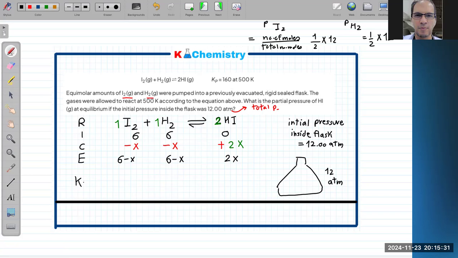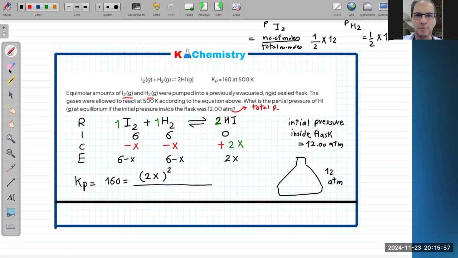What is our equation to find the Kp? The Kp that you already have here, which is equal to 160, is equal to the pressure of the products, which is 2x, and I need to multiply this 2x by the power of 2 again. Don't forget, it's 2x, and then there is again a factor of 2 in the power, because the number of moles was 2.